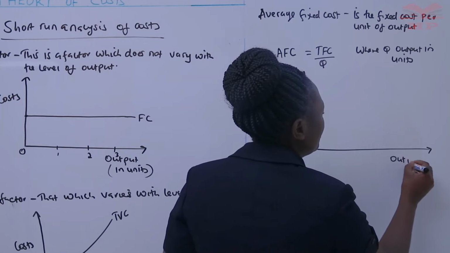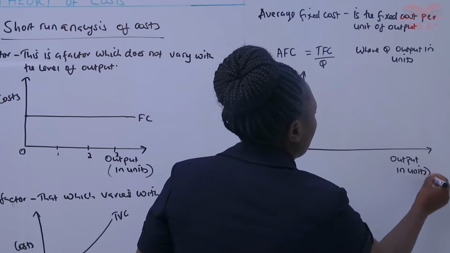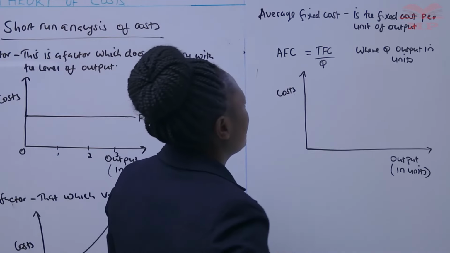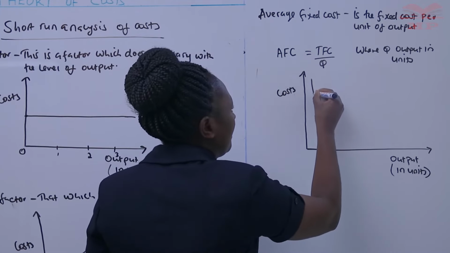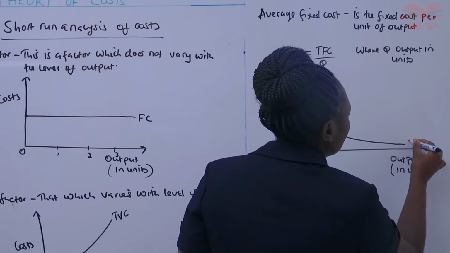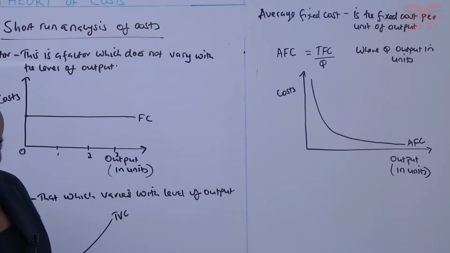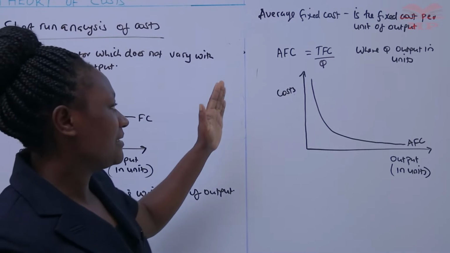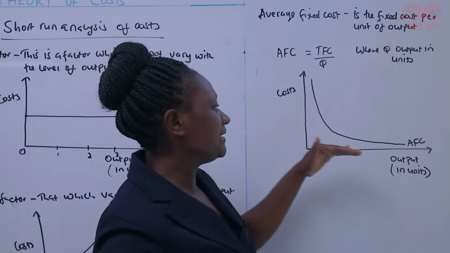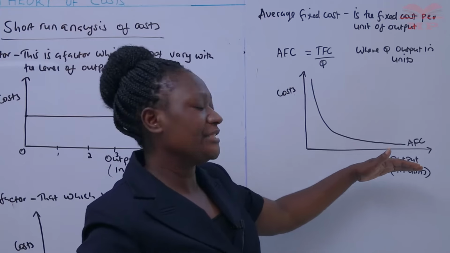So we have output in units, then we have costs. This is the average fixed cost. We say this curve is continuously falling, but even as it falls, it is not able to touch or reach both axes.